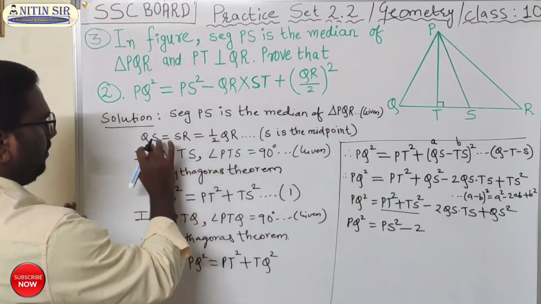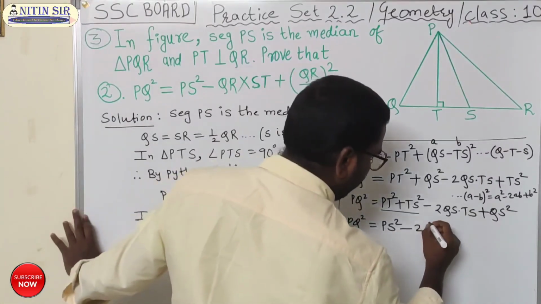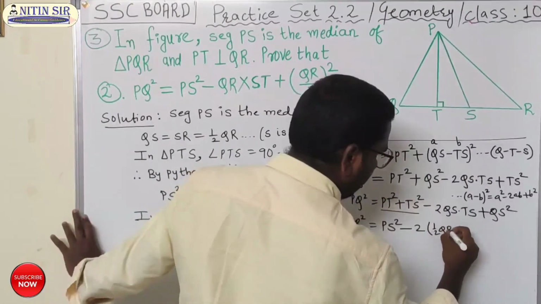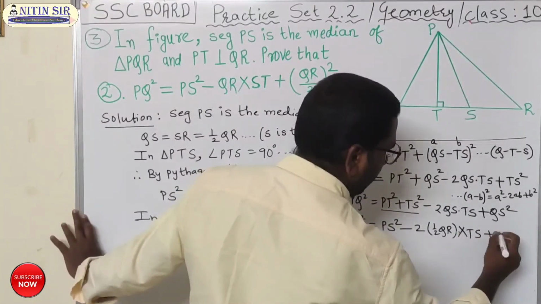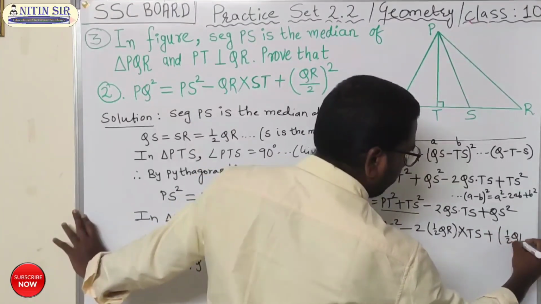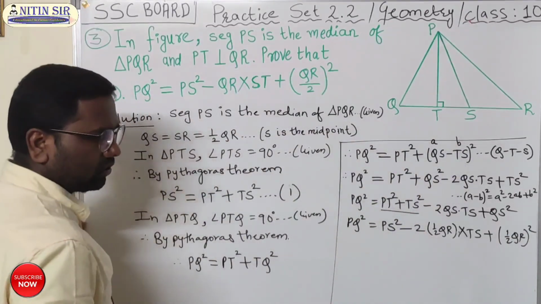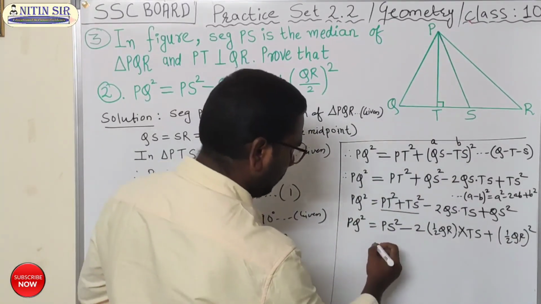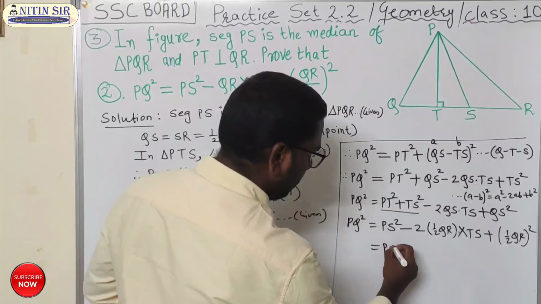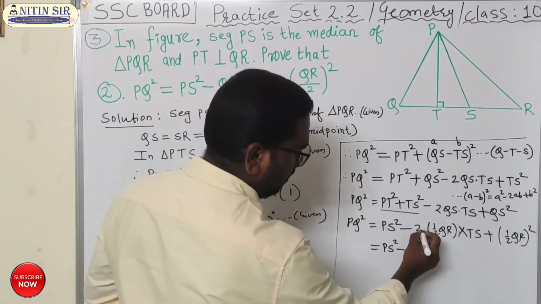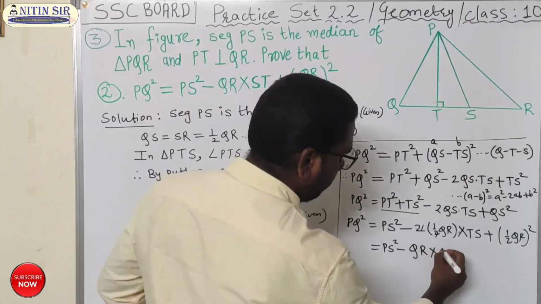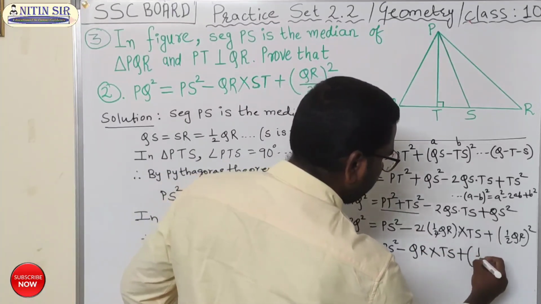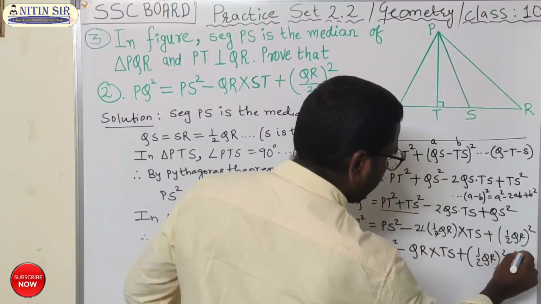QS means what? Here QS means half QR. So we will take half QR into TS plus QS means half QR whole square. Now this is equal to PS square minus, 2 gets cancelled, so it will remain QR into TS plus half QR square.